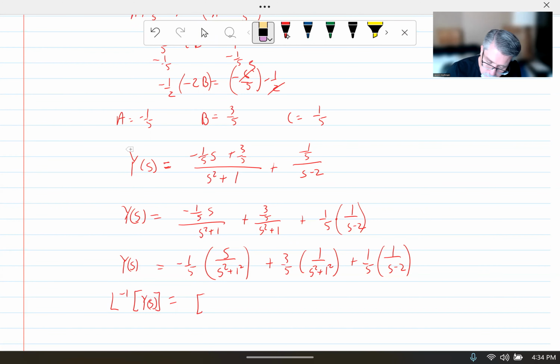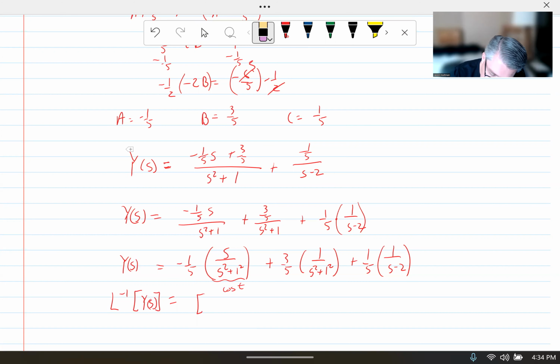So the inverse Laplace transform of s over s squared plus b squared is cosine bt, in this case cosine t.